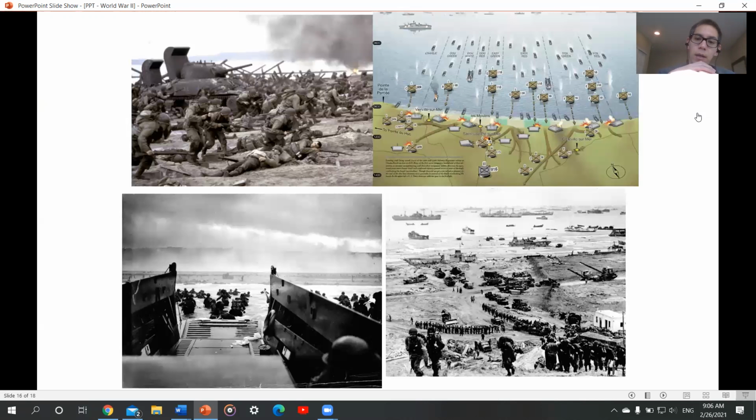On D-Day, the US, Canada, and England, in a joint force among the three countries, send their troops across the English Channel to Normandy. They invade the beaches of Normandy, and despite the fact that the Germans had all sorts of defenses along the beach, machine gun nests and things like that, the Allied forces, US, England, Canada, are able to conquer the beachhead.